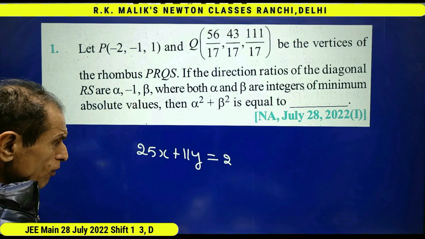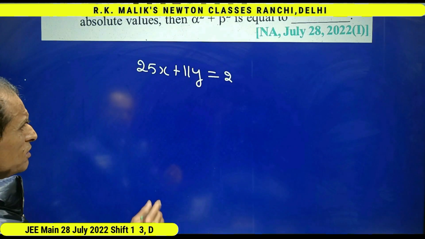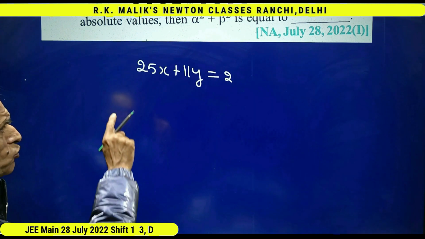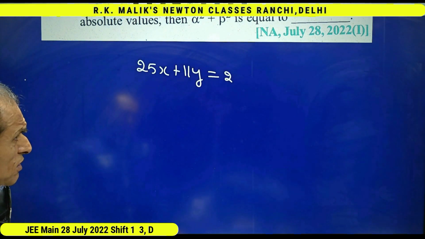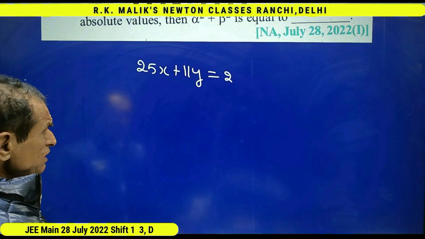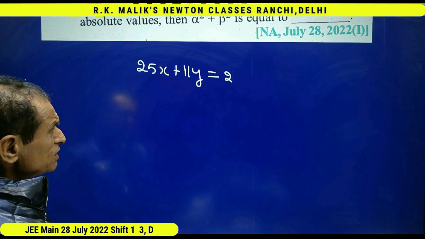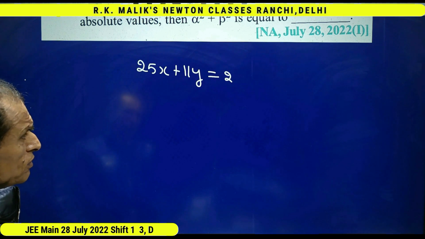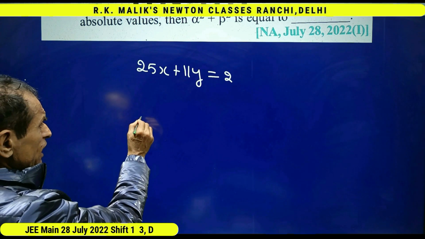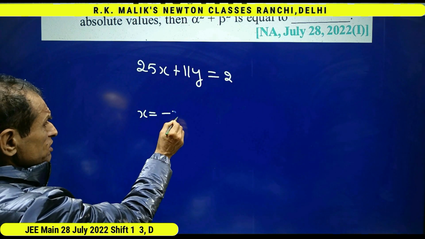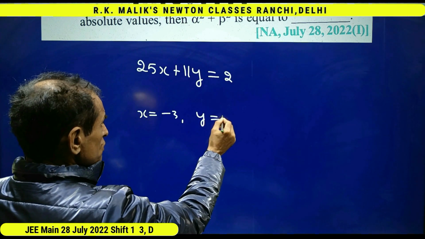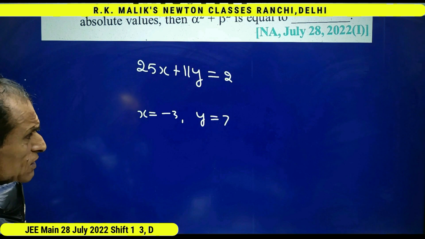It is easy to observe that if I take the value of x as minus 3 and y as 7, the numbers you will be getting will have difference 2. Therefore, immediately we can say that x equal to minus 3, y equal to 7 satisfies this.